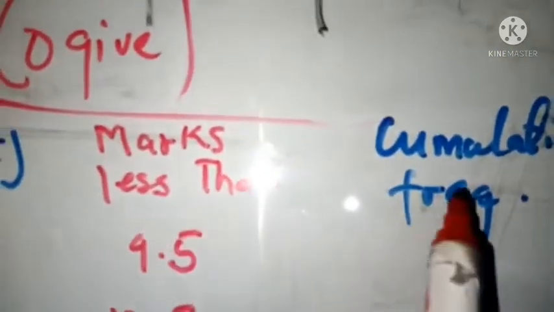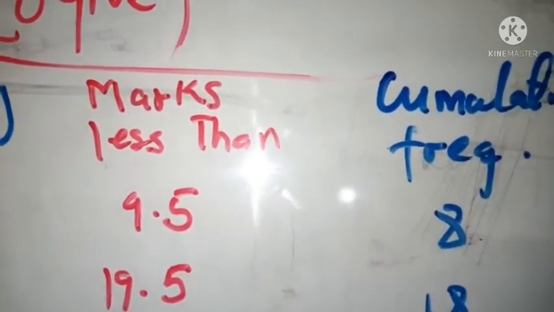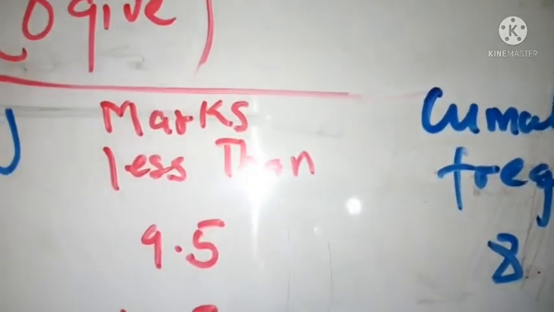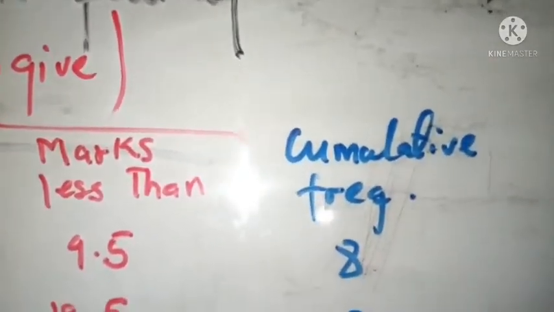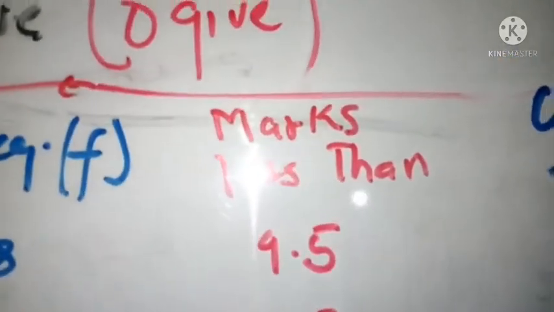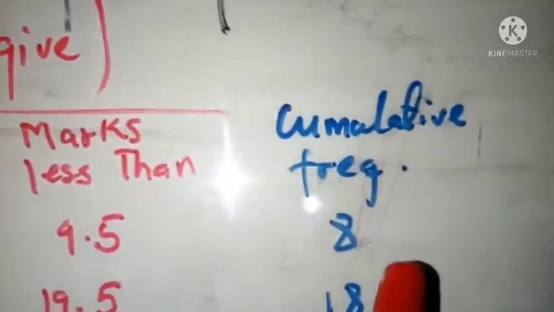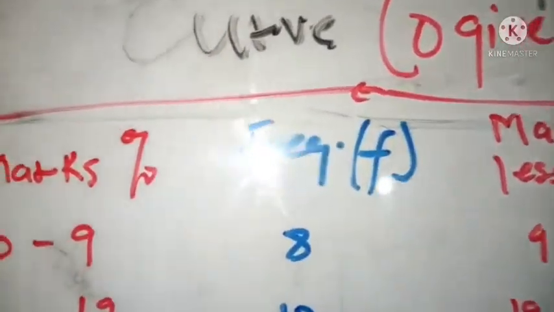These are the two tools we need at our disposal before we can draw a cumulative frequency curve. Without the marks less than or the cumulative frequency, we cannot do that. So in this video I'll demonstrate how you can get the marks less than as well as the cumulative frequency to draw the curve.